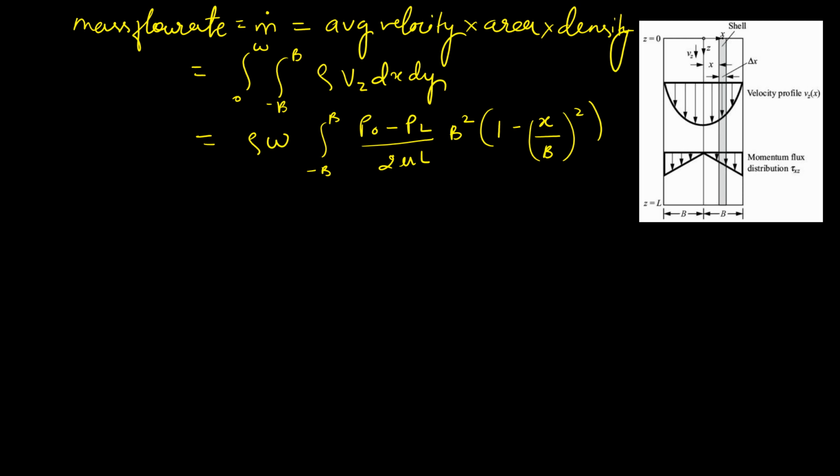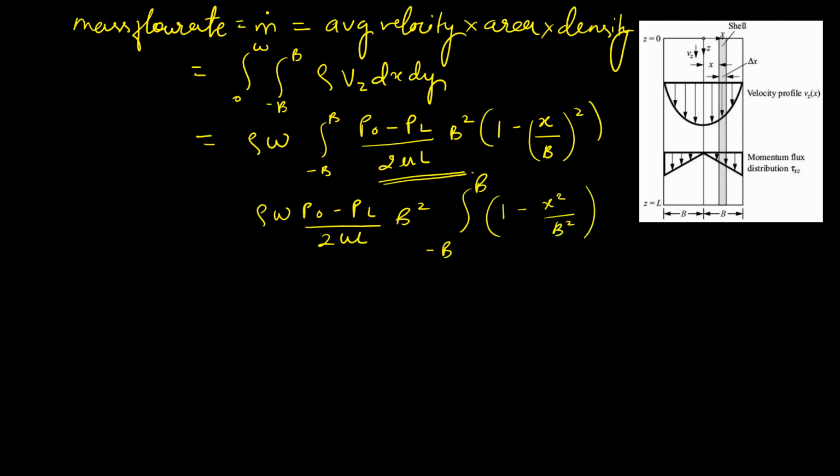Right. Now this term is constant, so taking it out, I have to integrate only this term, that is integration of minus b to b, 1 minus x square upon b square into dx.